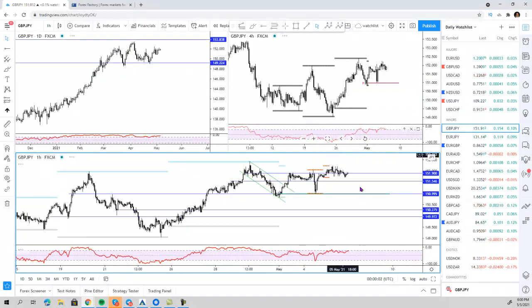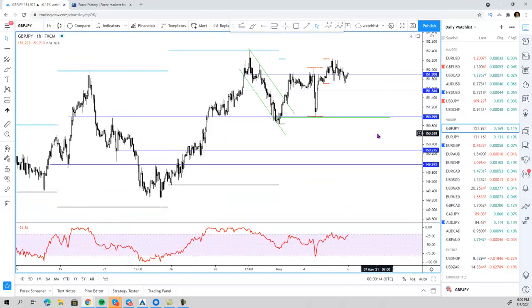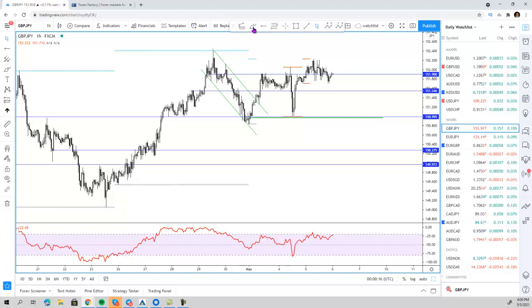The pound yen keeps on rallying, and if we look at the hourly right here, this looks like a flag, right? Right at the retest of the previous highs. But again, the price action here is just too sketchy, in my opinion. Why? Because this key level was broken countless times.